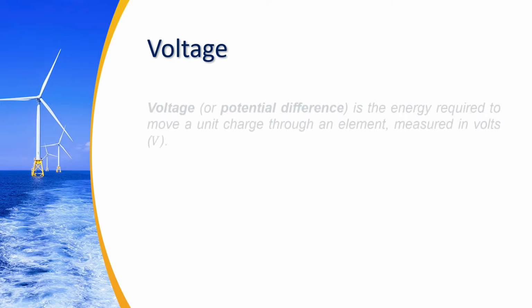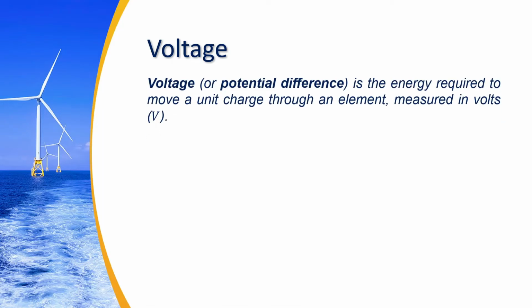So, next. For the voltage, voltage or potential difference is the energy required to move a unit charge through an element. It is measured in volts. So, formula ng voltage natin is work over charge. Okay?